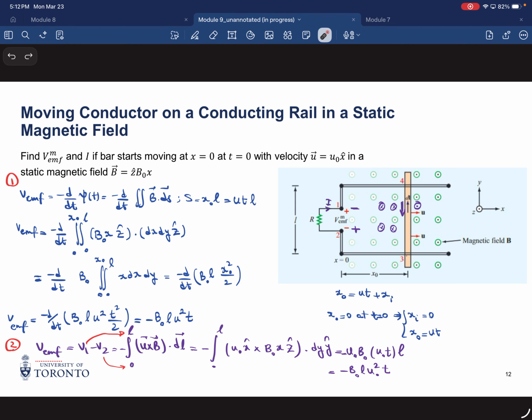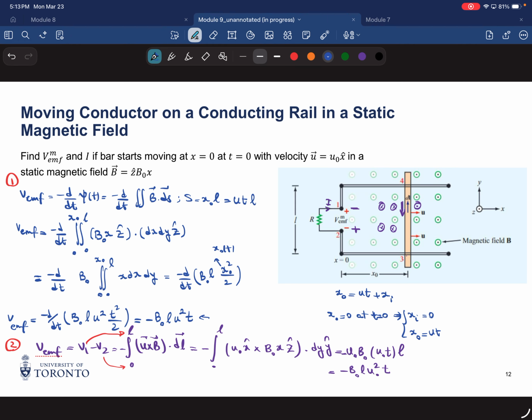And I think Muhammad helped us get through this answer: it was the time derivative of B naught L x naught squared over 2, where x naught is a function of t. So we did all of this to get Vm equal to B naught L U squared multiplied by t. Lots of trouble, right?